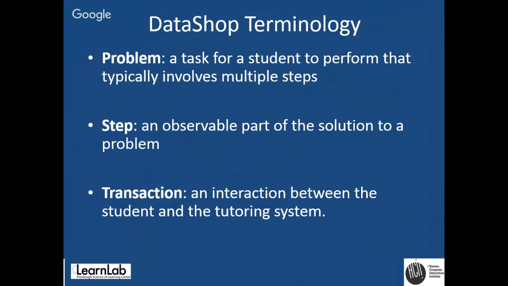That's another transaction. Both of those transactions belong to a step, and that step belongs to a problem. Now imagine if you just have a multiple choice question, it could be a 1-to-1 problem with 1 step. And if the student answers correctly, there would be 1 transaction. I'll go through an example here shortly.